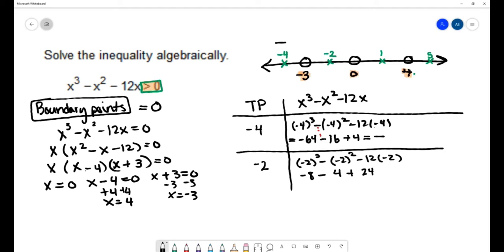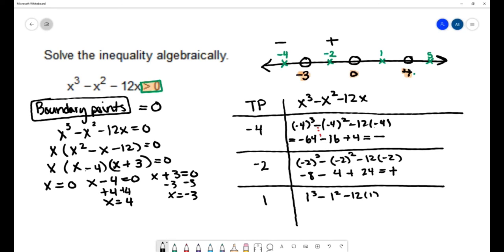Negative 8 minus 4 plus 24 is going to be a positive, and so I know that this interval comes out positive. Let's try the next test point, which is 1. 1 cubed minus 1 squared minus 12 times 1. It's 1 minus 1 minus 12, and I can see that that comes out to be negative. So that means that that interval is negative.